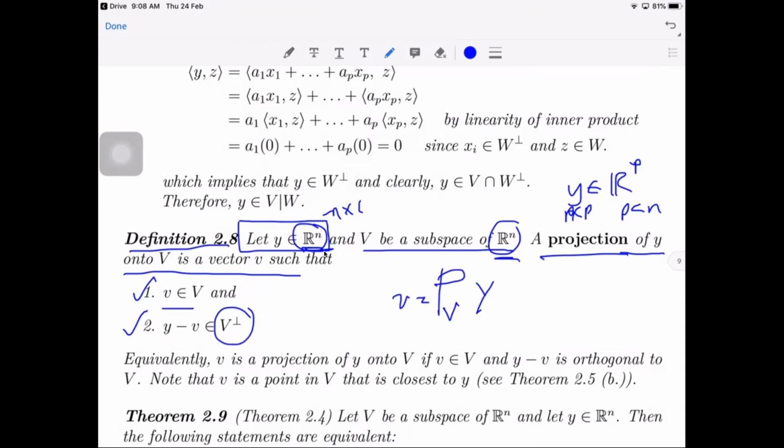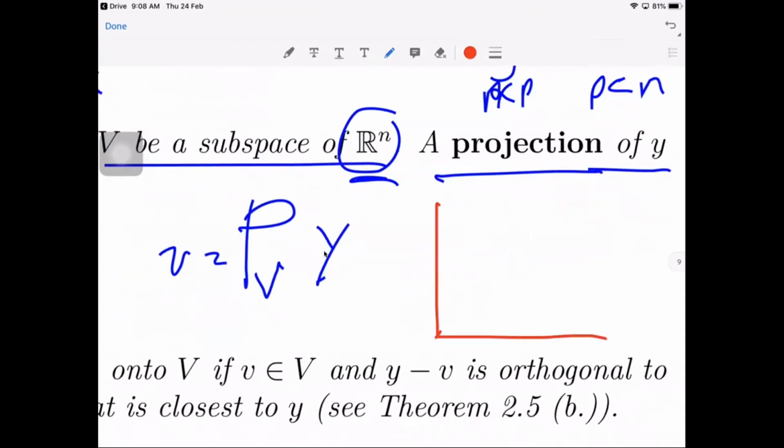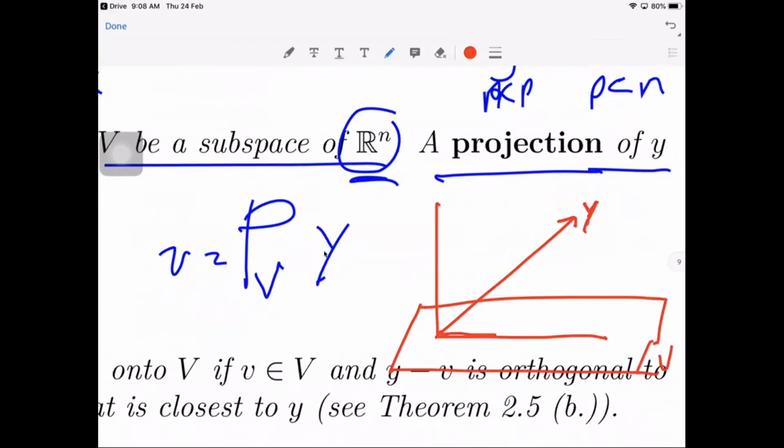So in the geometric interpretation, sometimes you can draw it here. Say you have a vector Y here and you have a space here, V. The projection of Y onto V is here.